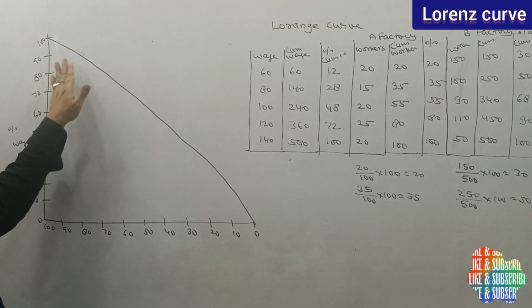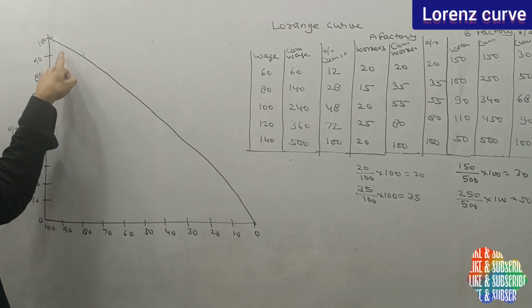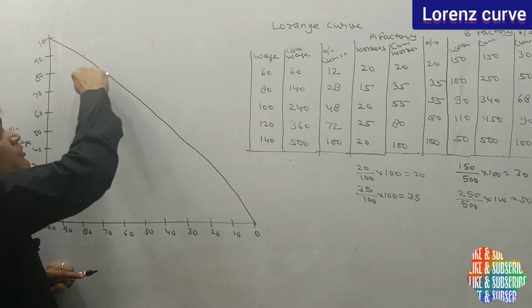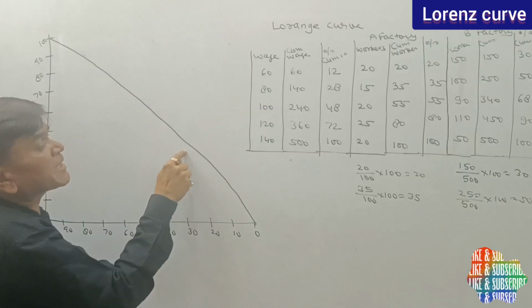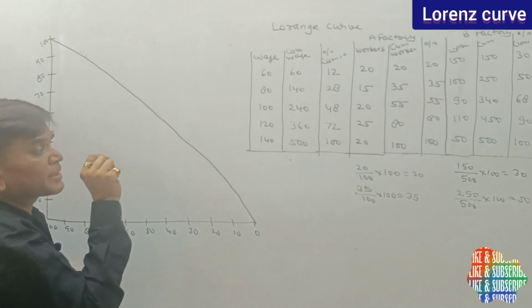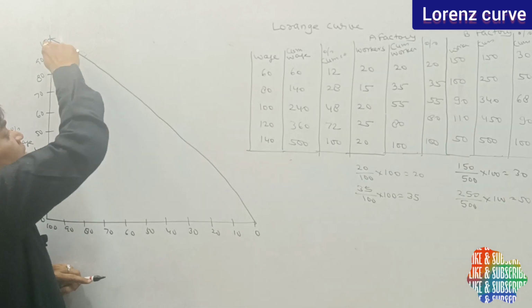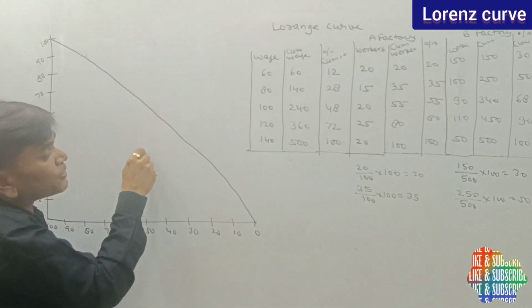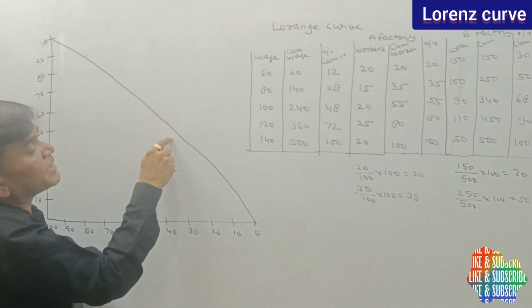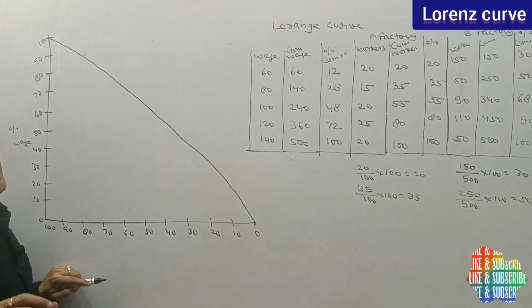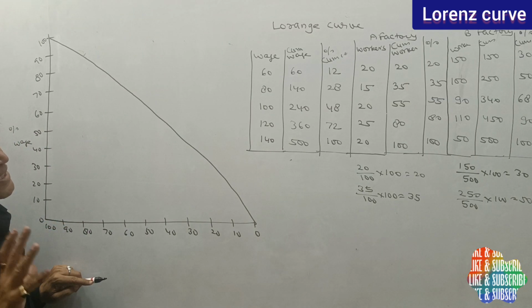Now we have to plot A and B. The curve that is nearby this equal distribution line has consistency. The curve which is farther from this equal distribution line has some variability and less consistency. Okay.